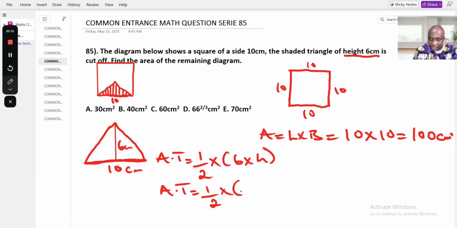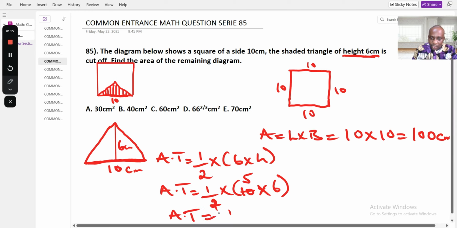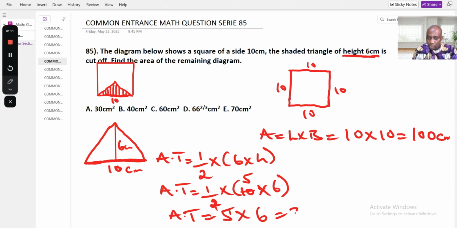You write out the 10. 10 multiplied by what is our height? Our height is 6. The question has given us a height of 6 centimeter. That's where we see 6. Now let's cut it out. 2 here, 1. How many 2s can we see in 10? 5. Our final answer for the area of the triangle is 5 times 6, which is going to give us what? 30.